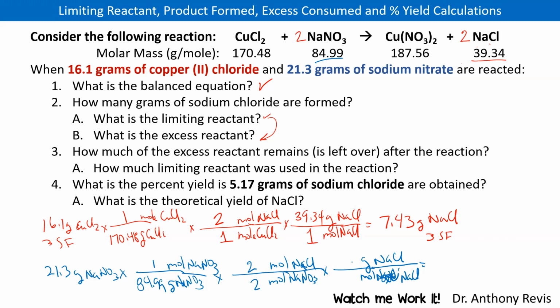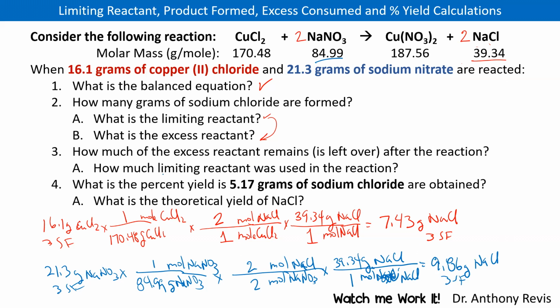2 to 2, gram per mole of sodium chloride is a molar mass. And I've already done that too. That's 39.34 from the periodic table, added up. And when I run these numbers through my calculator, I get 9.86 grams sodium chloride this way. 3 sig figs here, 3 sig figs here, and I'm happy with my answer.